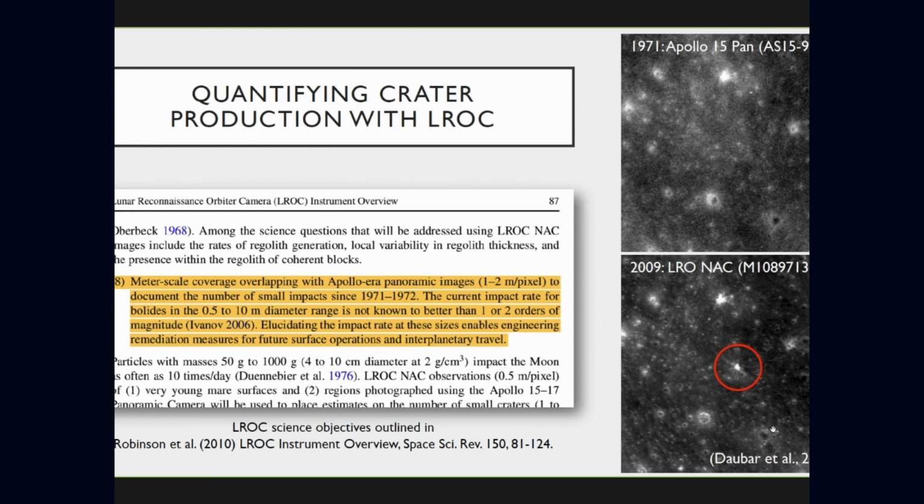And so the idea was that we would compare high-resolution observations that we're collecting during the mission to Apollo pan observations that were collected during Apollo 15, 16, and 17. And Ingrid Dalbar led an effort to actually look through the Apollo pans and compare them to the LROC NAC images. And through that work, they found a handful of new impact craters, one which is highlighted on the right-hand side.